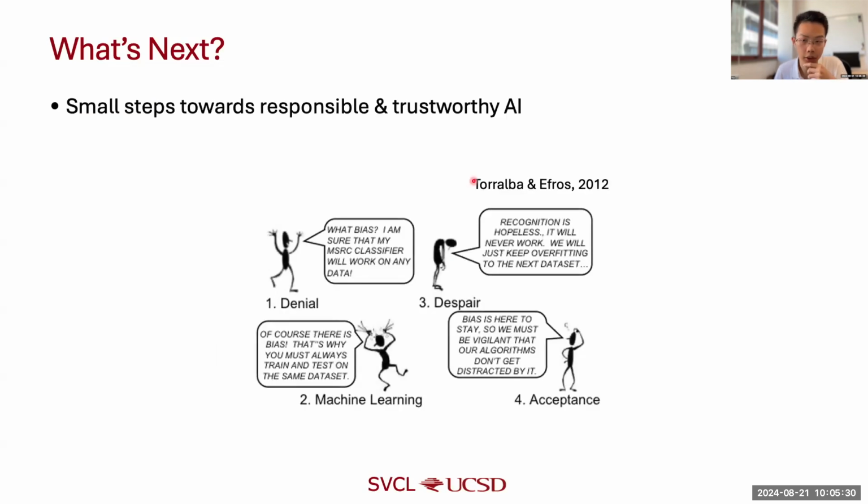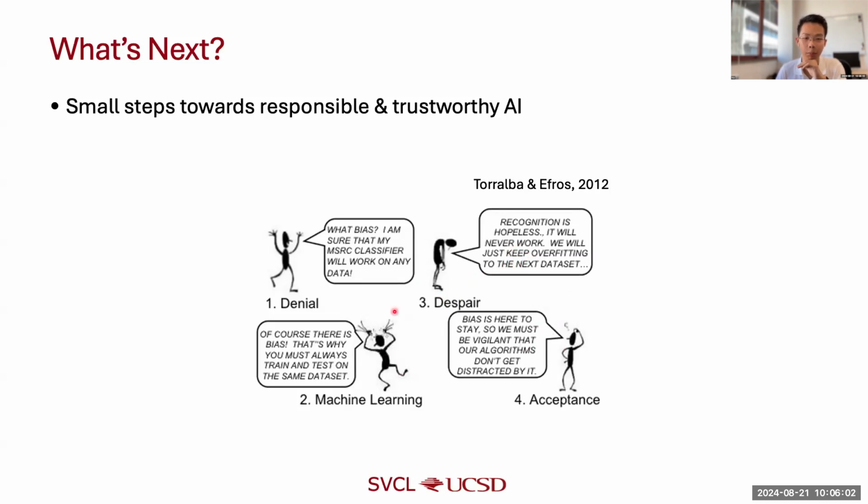So I would like to conclude the talk with a cartoon from the famous dataset bias paper from Professor Antonio and Alyosha 12 years ago, which kind of started everything in the field of bias in computer vision. It's certainly shaped my view of bias in the field. This was the four stages of dealing with bias that I think early researchers and practitioners had to face.